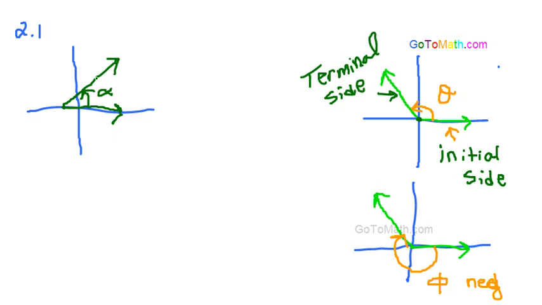Is this in standard position? And the answer is no. Is the angle positive or negative? The angle is positive. It's not in standard position because the vertex is not centered at the origin. It is a positive angle, but it's not in standard position. We got to get that thing in standard position.